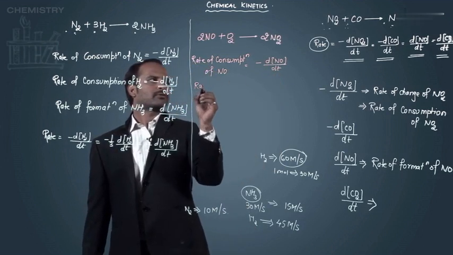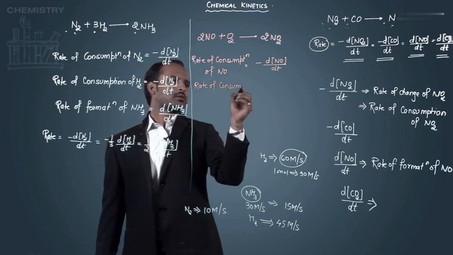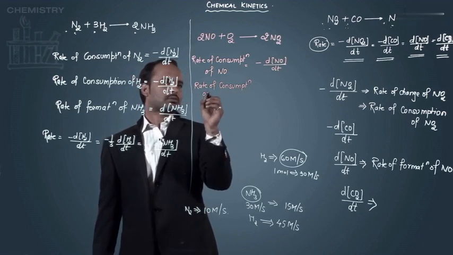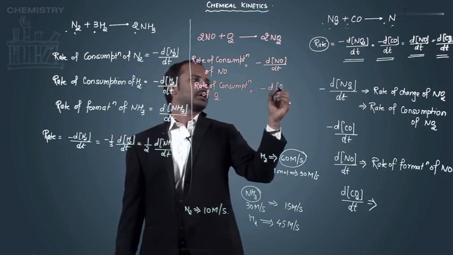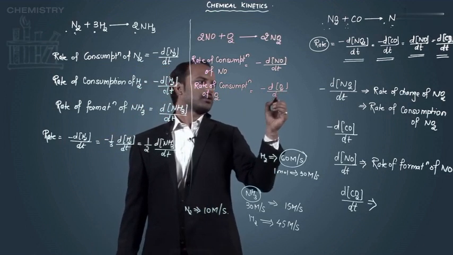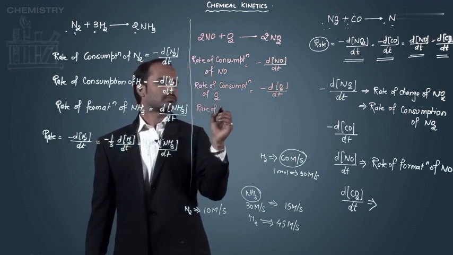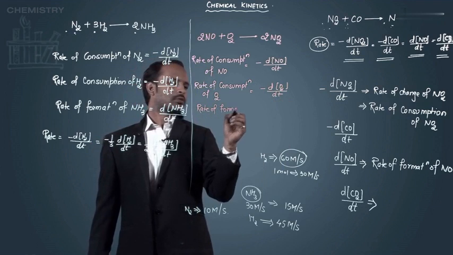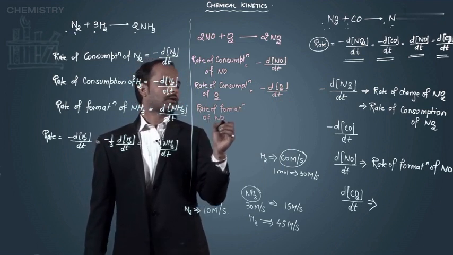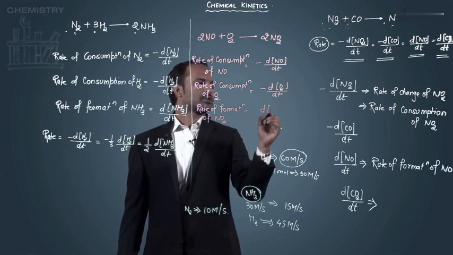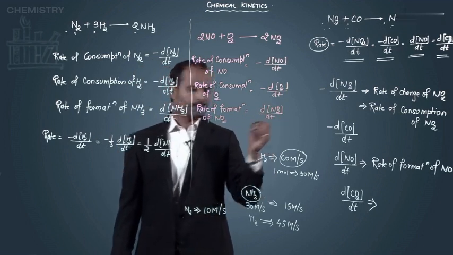The rate of consumption of oxygen is minus d[O2]/dt. The rate of formation of NO2, since it's a formation, is d[NO2]/dt, no minus sign.